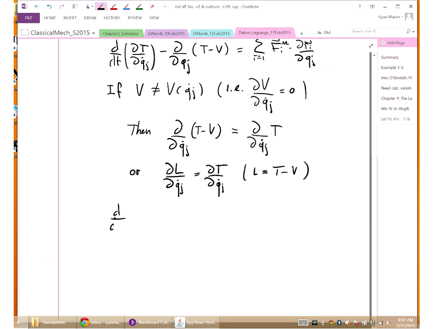So finally, we can rewrite D'Alembert's equation as d/dt of ∂/∂q_j dot of T minus V, minus ∂/∂q_j of T minus V, equals the sum over the non-conservative forces.